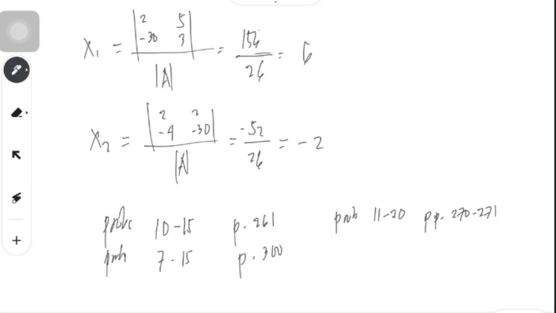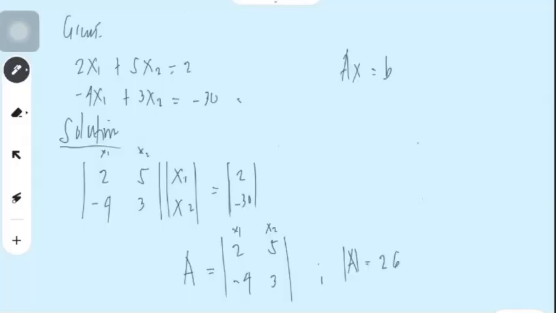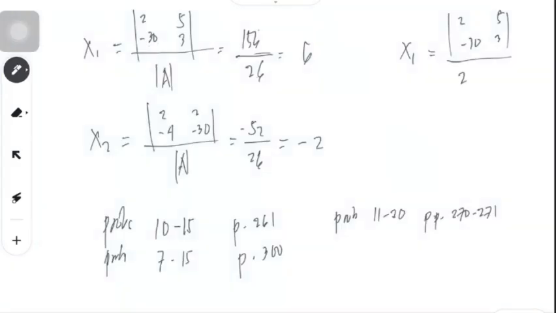Or if you want, you can do it this way. Let's say x1 will be, that is 2, negative 30, 5 and 3, divided by A. No? Yung A natin, 2, 5, negative 4, 3. Pwede ganyan. Tapos kukunin mo yung inverse.